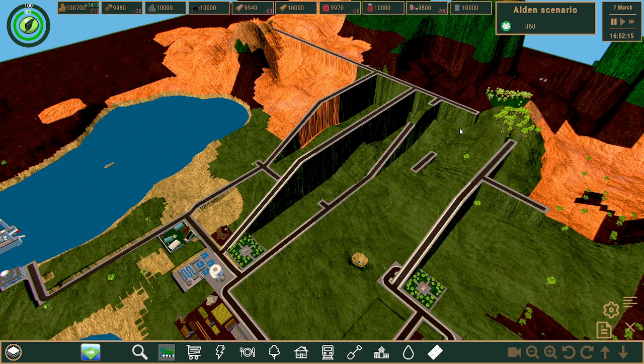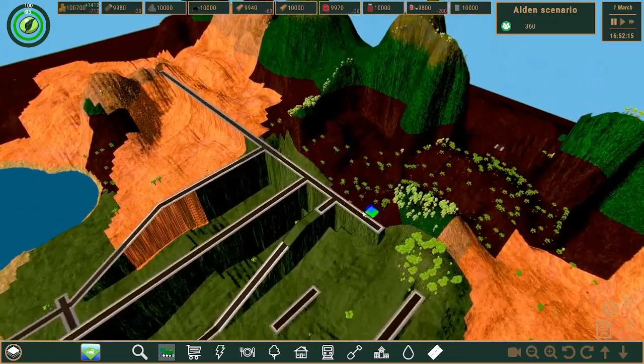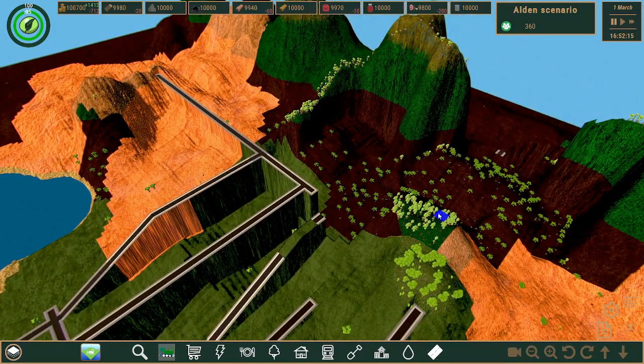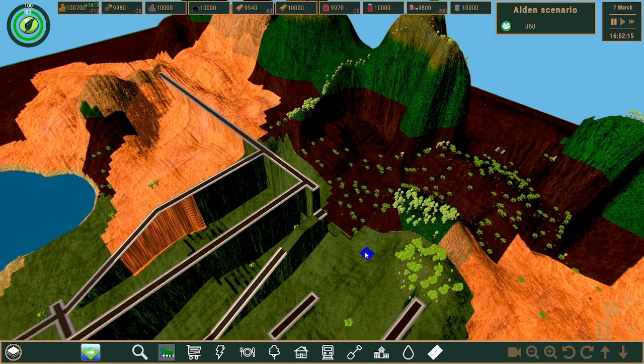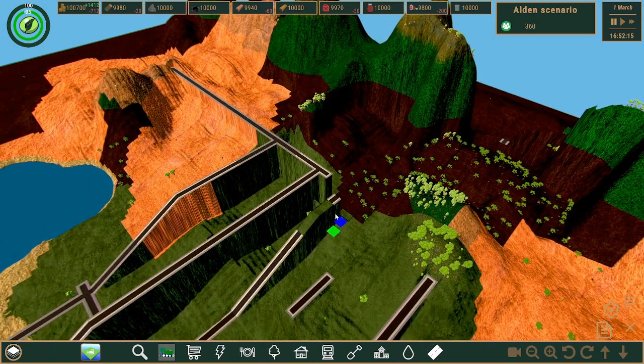So if I'm using the green bulldozer here, you will see that the map is actually going to revert to its original state, like so. Whereas if I'm using the normal bulldozer, the map is not reverting. You still have the scar tissue of your exploitation of the environment.